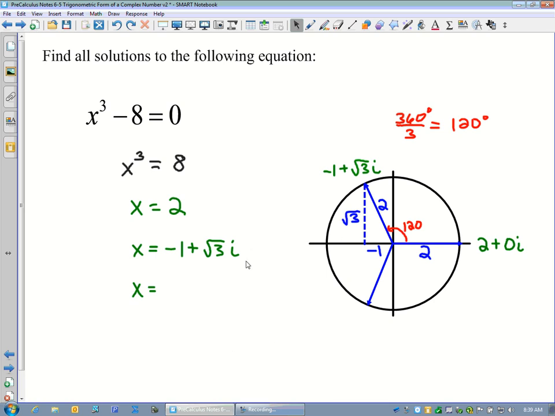So if you have -1 plus square root of 3 i, you're going to have -1 minus square root of 3 i. You can see again visually that this vector reflected about the real axis is going to be this vector, because that's what conjugates are geometrically. So here are the 3 roots of the equation. And we're done.